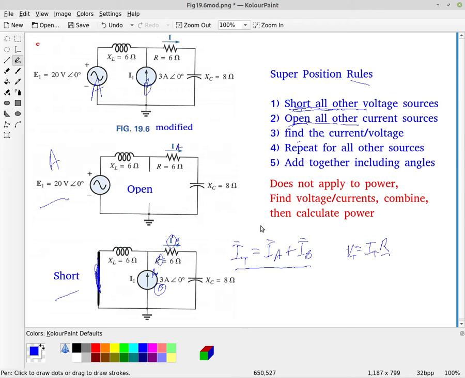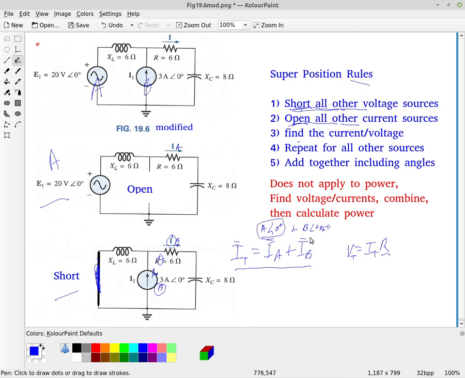So you're going to have some particular voltage with an angle, or a current with an angle. So you're going to have some current with some angle, and you're going to have another current with some other angle, which may not be zero. I haven't calculated it yet, but you're going to have phasors.